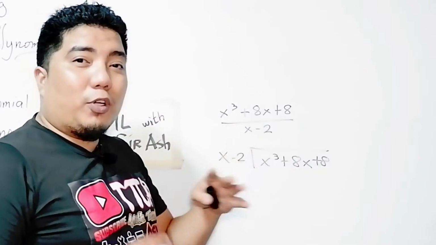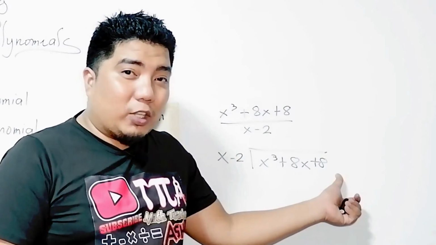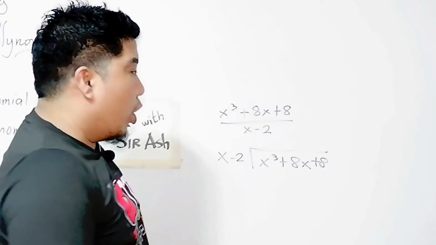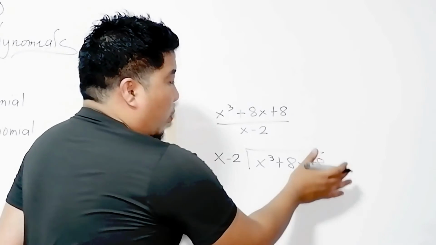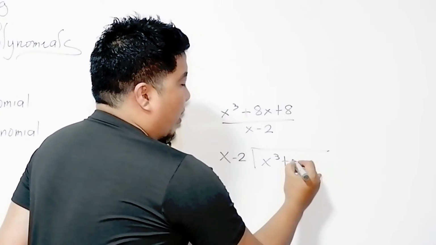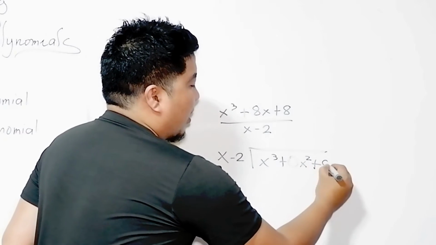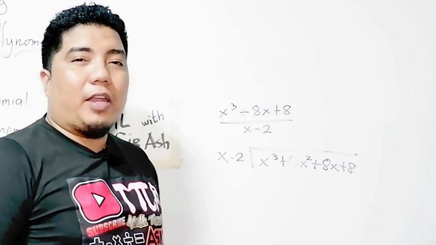If you observe the terms in your dividend, there is no quadratic term, meaning the x squared, right? So if that is the case, you need to put it in your dividend. So what you will do is you just erase this one and you add the 0x squared. Then you just copy the remaining plus 8x plus 8 there.